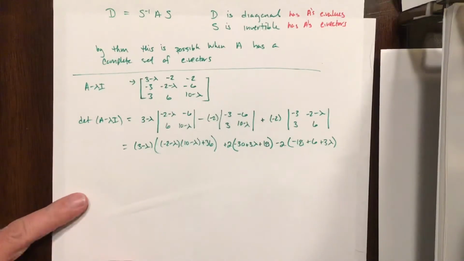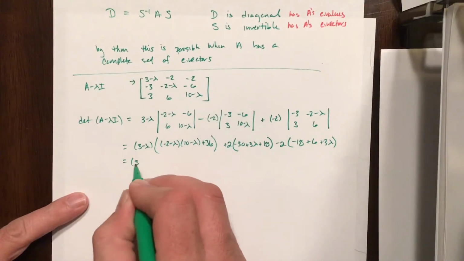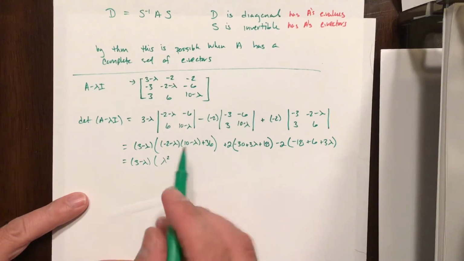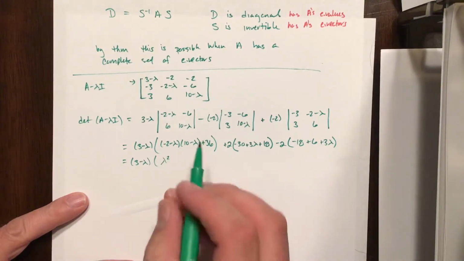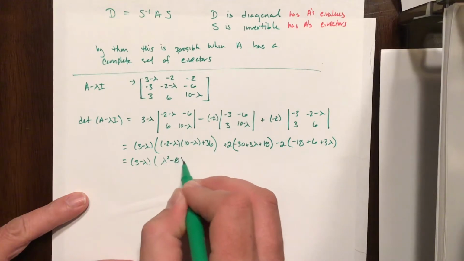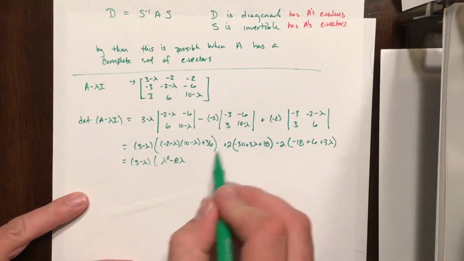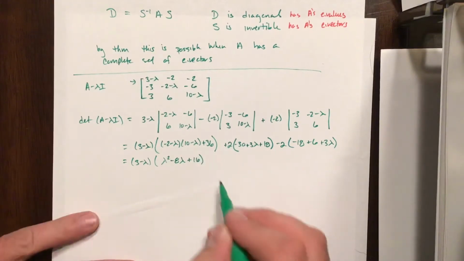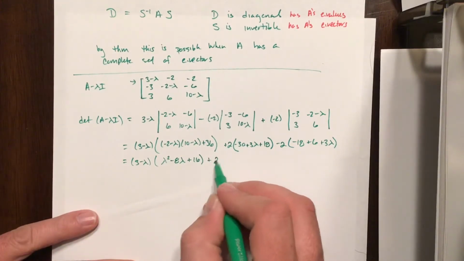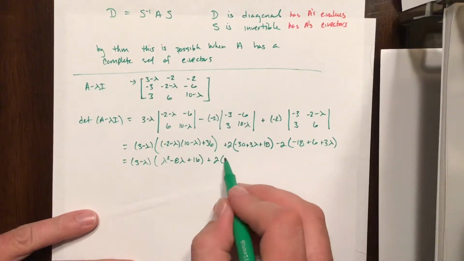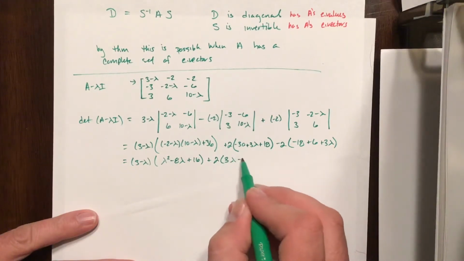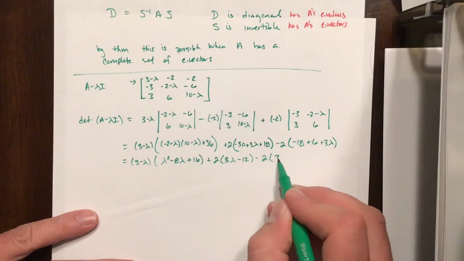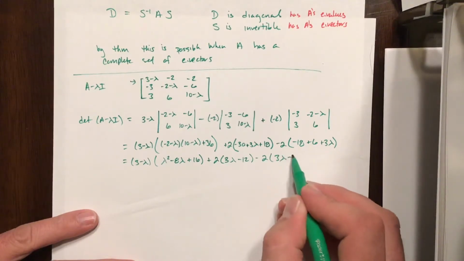All right, putting this all together, you get 3 minus lambda times lambda squared, plus 2 lambda, minus 10 lambda is minus 8 lambda, minus 20 plus 36 is plus 16, plus 2 times 3 lambda minus 12, minus 2 times 3 lambda minus 12.